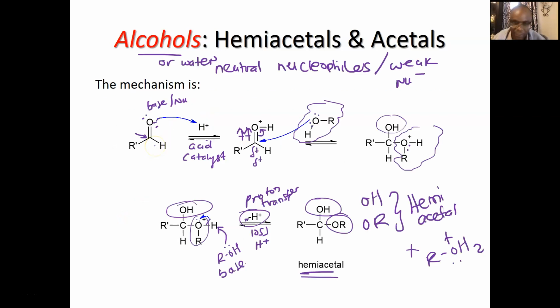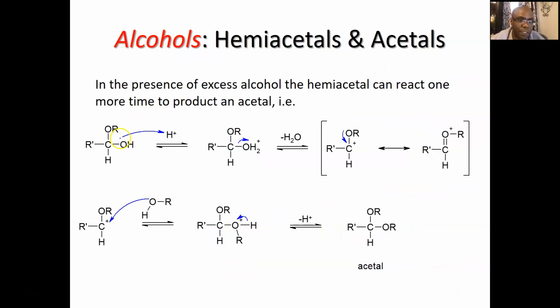The hemiacetal that's formed here can be taken one more step. So please turn over. We are continuing with this reaction. So again, we make OH a good leaving group by activating it with an acid catalyst. We are going towards making the full acetal.